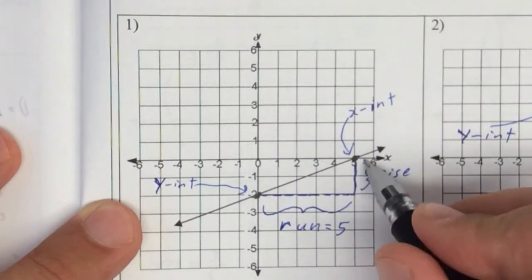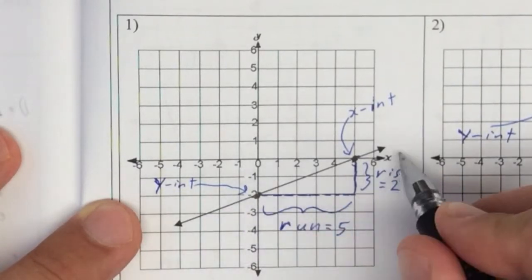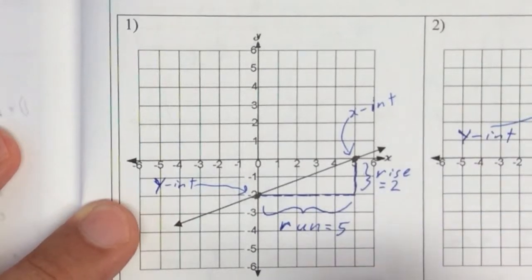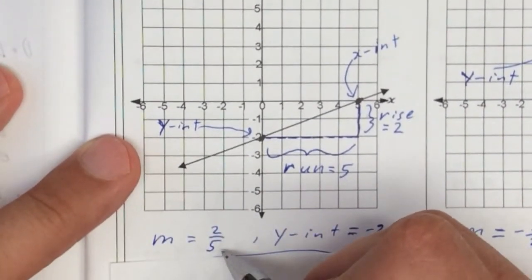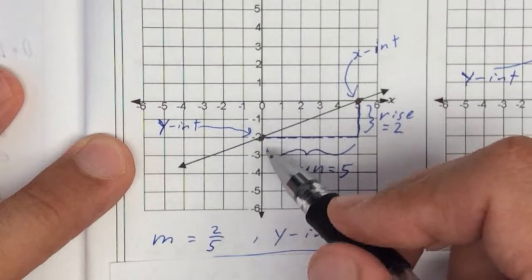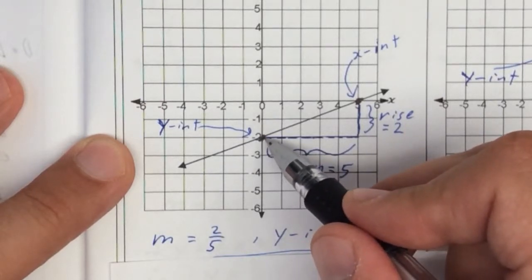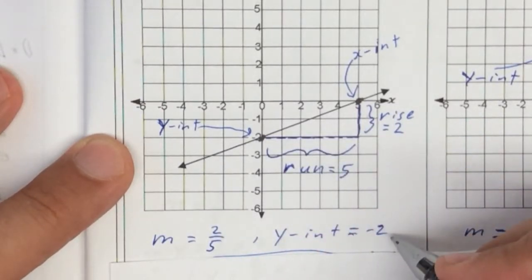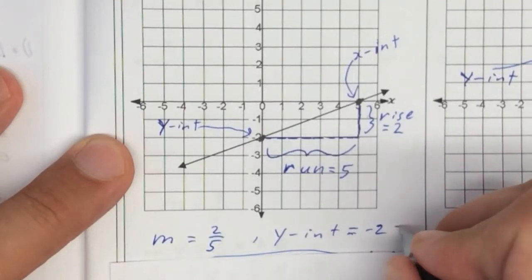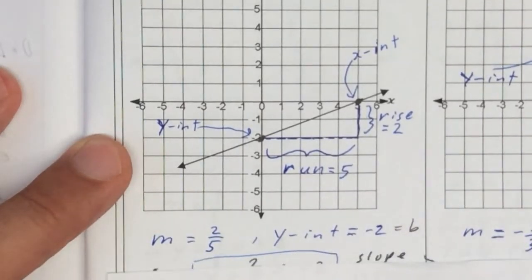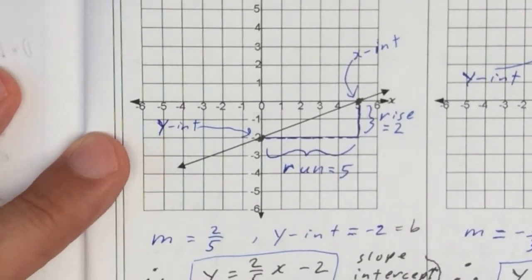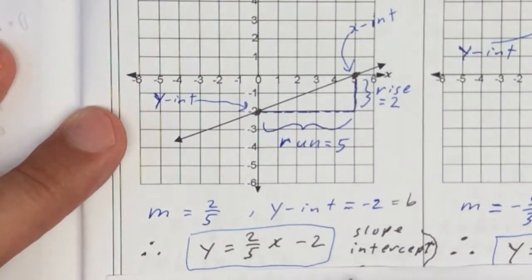The rise is 2 and the run is 5. The line's going up, so the slope is m equals 2 over 5. It goes through -2 on the y-axis, so the y-intercept is -2. That's b. And you can just plug that into y equals mx plus b, slope-intercept form.